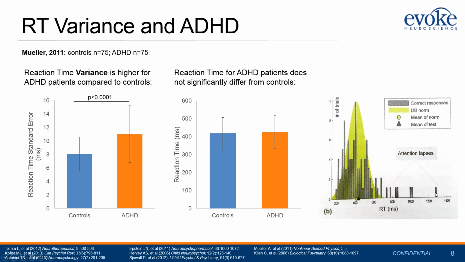It took him a lot longer to respond to the go stimulus. And these reflect attention lapses. So you can see that our variance is going to be a lot higher compared to our database norm. But overall, our reaction time, when you average it out, is pretty similar. This black arrow is our mean reaction time for our patients, and the green dot is the mean for the database norm. So reaction time is similar, but the variance is a lot higher for ADHD patients.